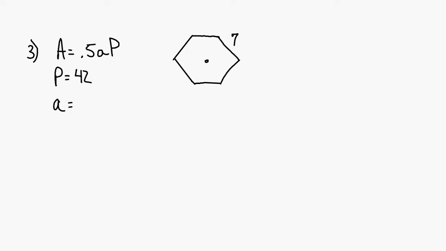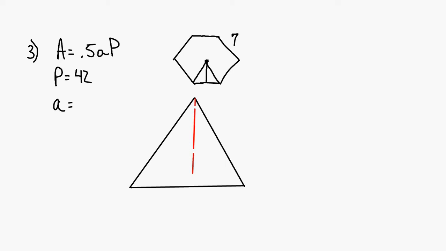Remember, the apothem is that piece right there, which comes from these dimensions. So I'm going to draw this triangle bigger and work with it. This red line is the apothem that we're trying to find. It intersects the side at 90 degrees.